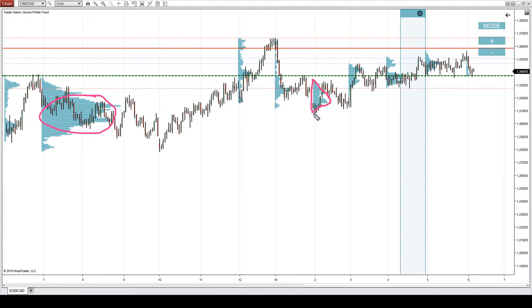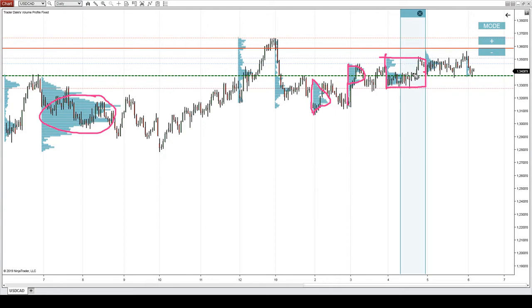The price was rotating at this place for a long time, so it was accepted as a fair value. There was a D-shaped profile in here, and after that the price was shifting upwards with a P-shaped profile, a sign of buyers, and afterwards a sort of B-shaped profile, but the price is closing somewhere in the middle of this area, so it's sort of hard to tell.